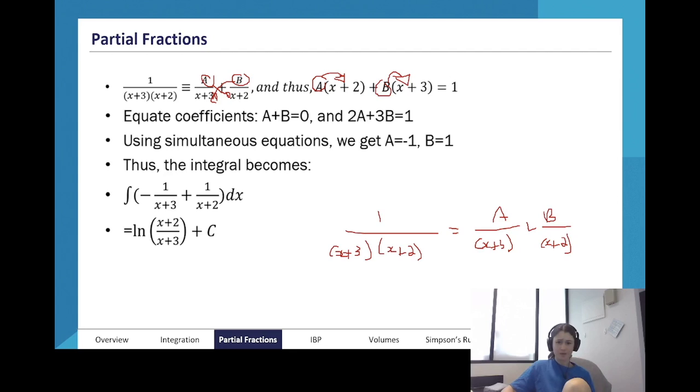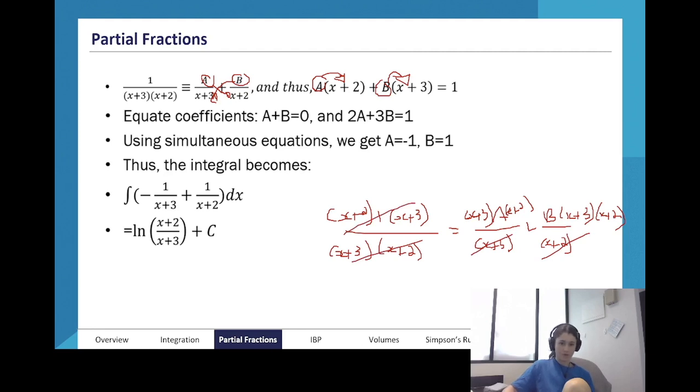Sorry, so we multiply everything by x plus 3. And then we multiply everything by x plus 2. And of course, this is going to cancel these out.